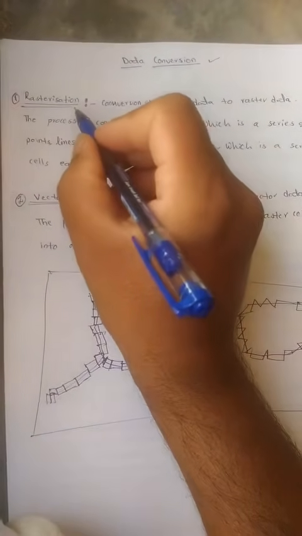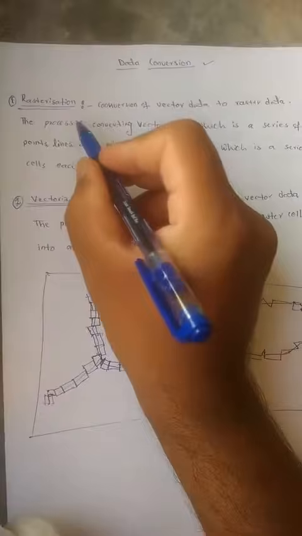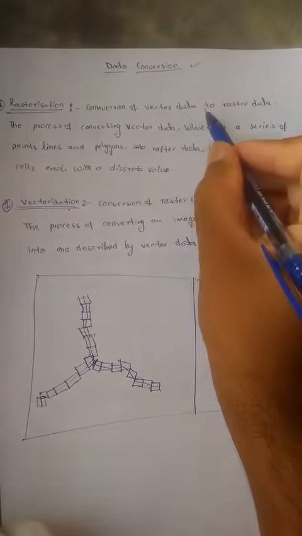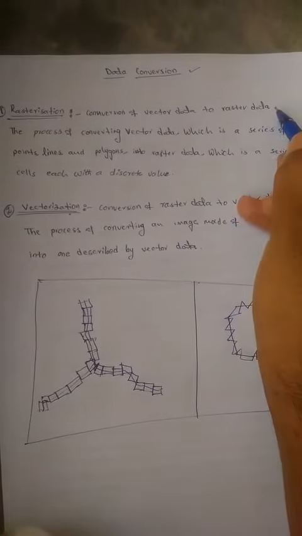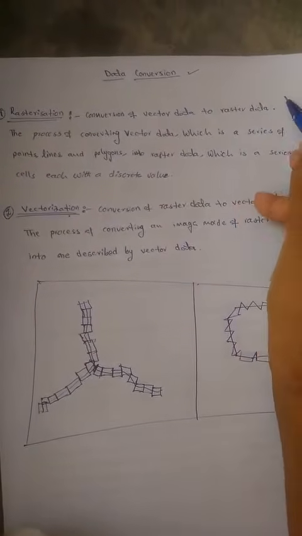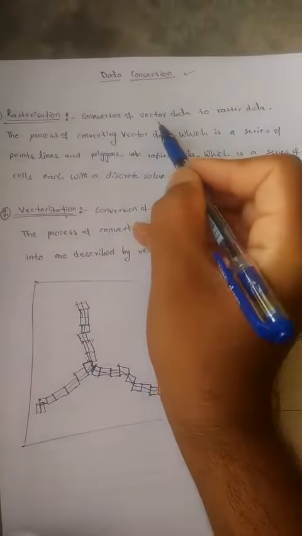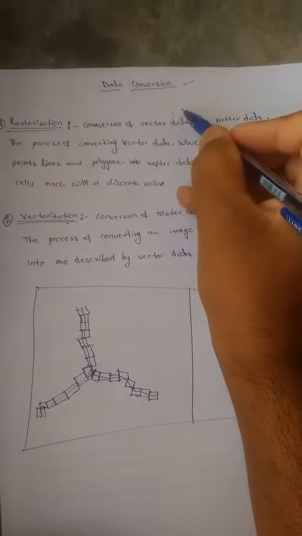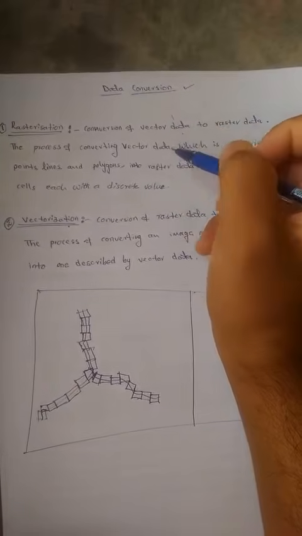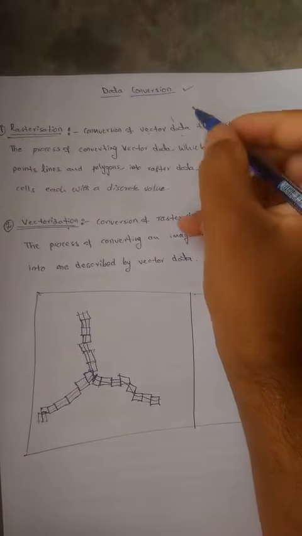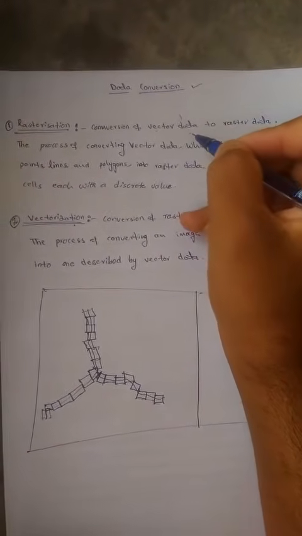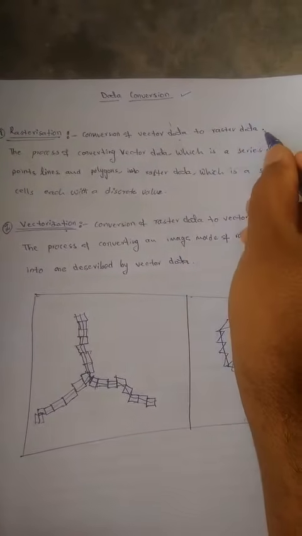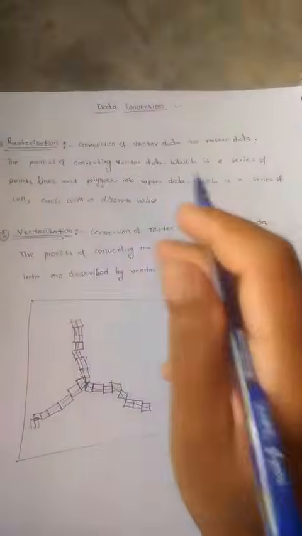First, what is meant by rasterization? Rasterization is the conversion of vector data to raster data. Vector data is represented in the form of points, lines and polygons. These points, lines and polygons are converted into raster data. That is the rasterization.